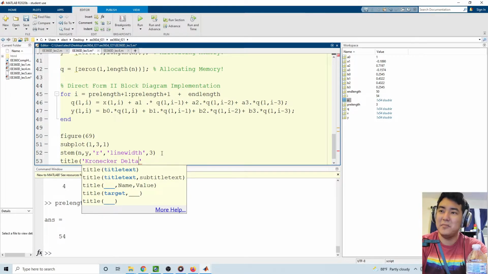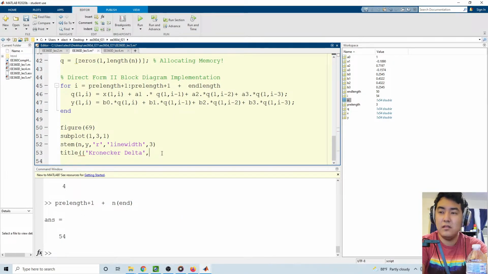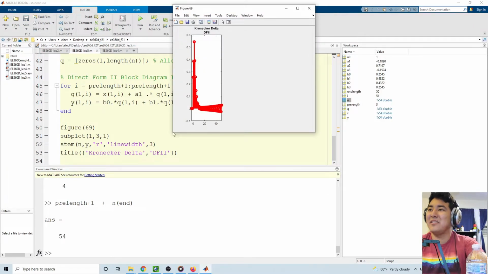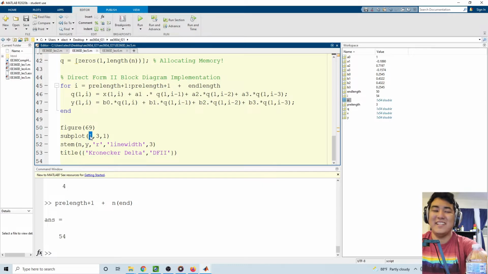And actually, let's do my cool trick thingy. There we go. Direct form 2. Actually, ooh, that might be weird. And we'll figure it out. Oh, that's not good.